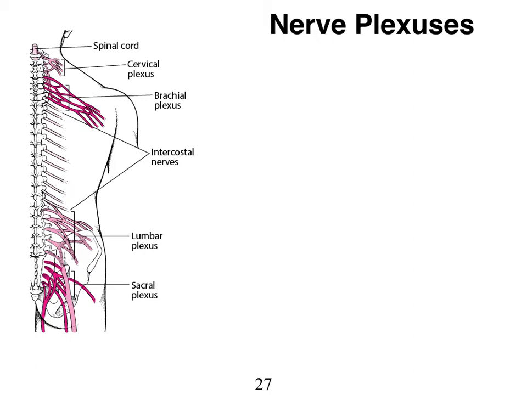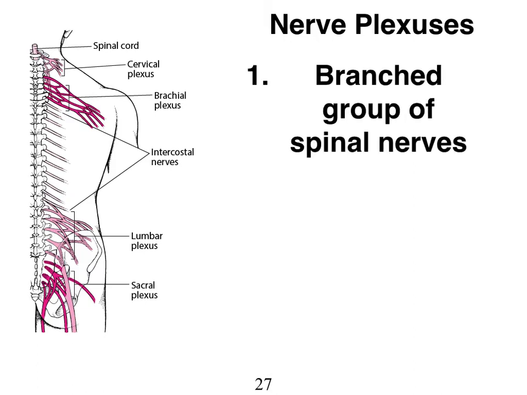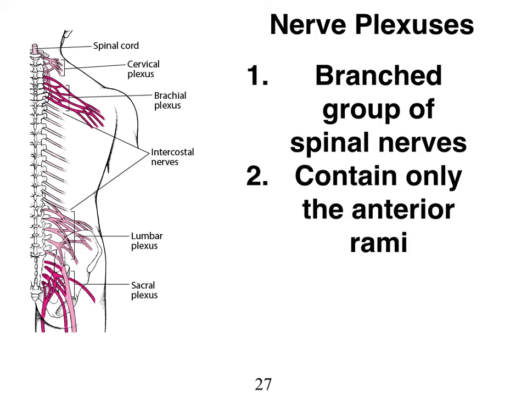Nerve plexuses are basically the pattern of branched spinal nerves. These only occur through the anterior rami of the spinal nerves. The posterior ramus doesn't contain as extensive amounts of fibers, so it's only the anterior rami that occur in nerve plexuses.